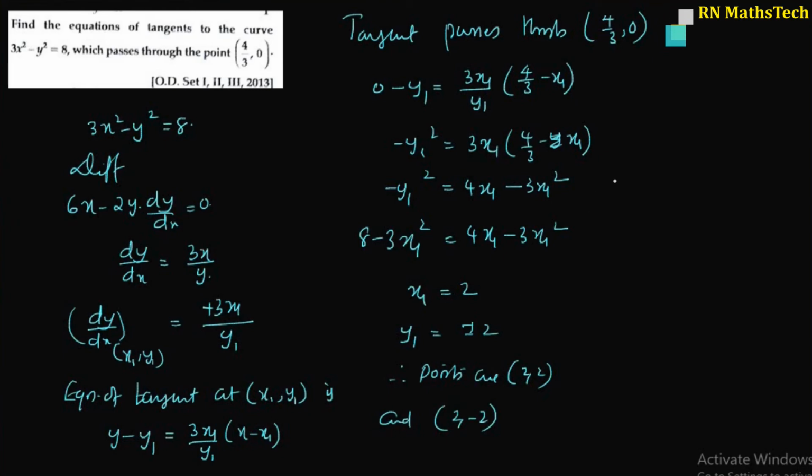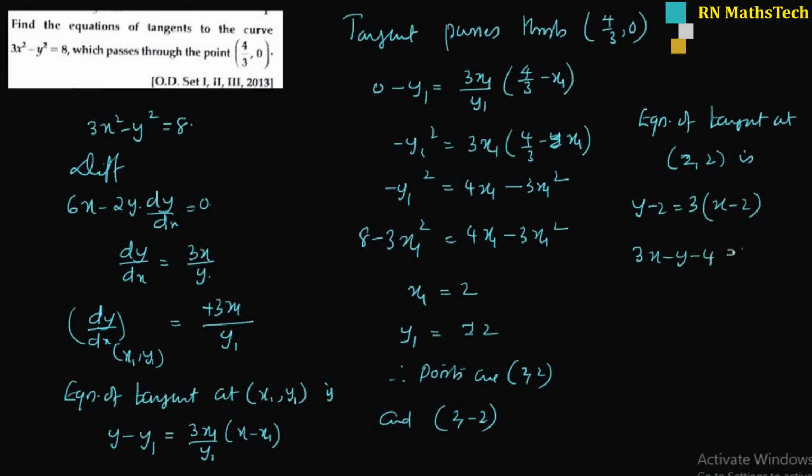Therefore the equation of tangent at 2, 2 is y minus 2 is equal to, slope is 3x1 by y1, that is 3 into 2 by 2, that is 3, into x minus 2, or 3x minus y minus 4 equal to 0.